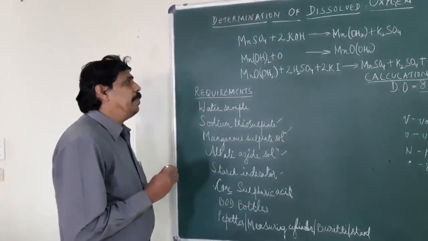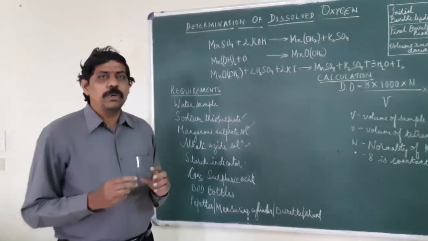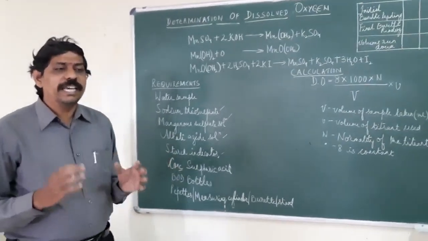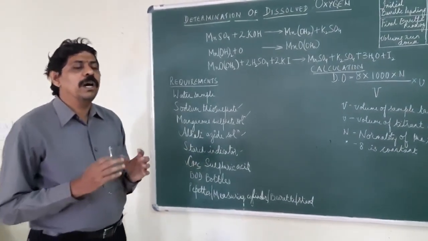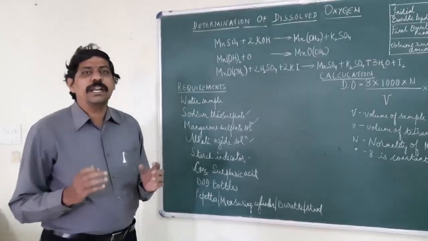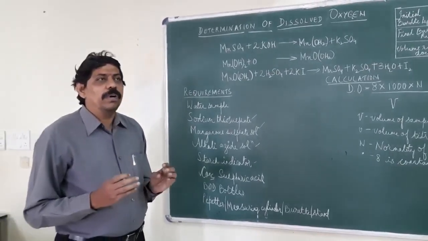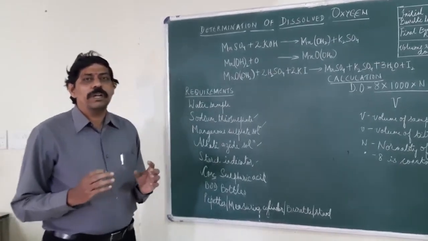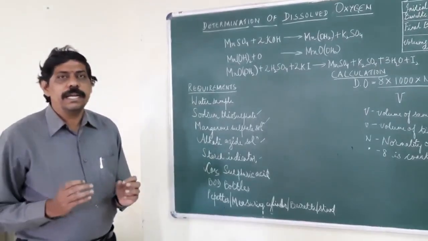So what will happen if you don't check the dissolved oxygen levels? The dissolved oxygen levels will greatly reduce in the water system, and the water ecosystem will be greatly damaged.